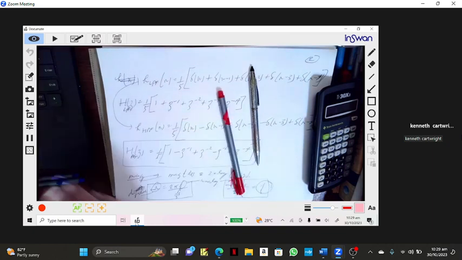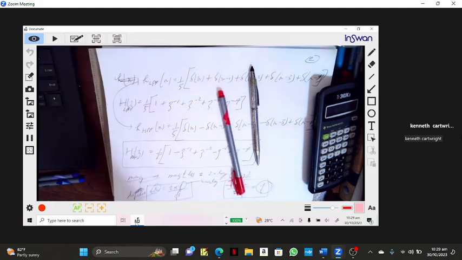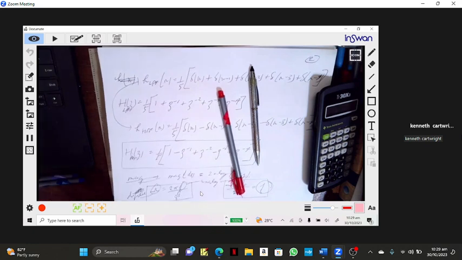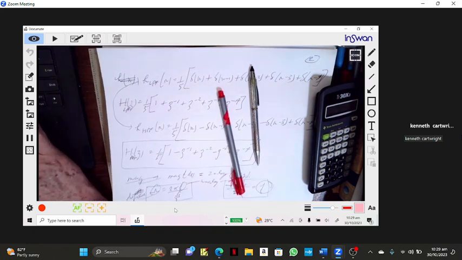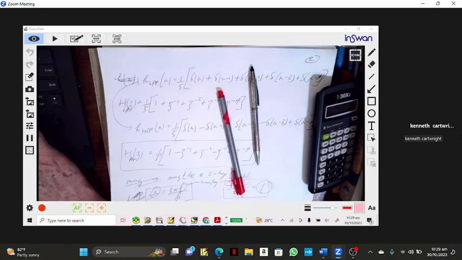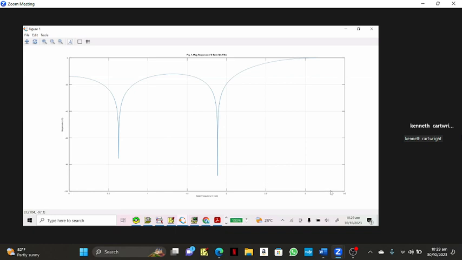So let's arbitrarily make the sampling frequency 10,000 hertz. The sampling frequency is 10,000 hertz. So let me go back. So this frequency here then, if the sampling frequency is 10,000 hertz, what's this frequency right here?